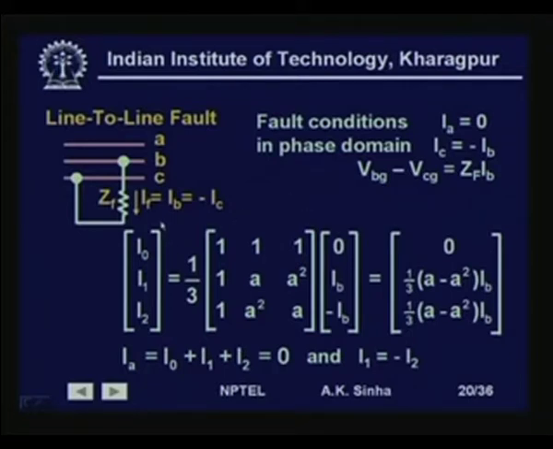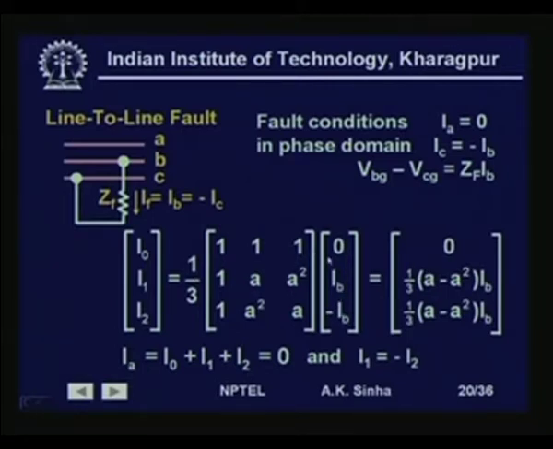Now we would like to transform these conditions into the sequence domain. So we have the sequence currents I0, I1, I2 equal to 1 by 3 into the matrix 1 1 1, 1 A A square, 1 A square A. This is the A inverse matrix, 1 by 3 into this, and here the condition is IA is 0, IB we have, and IC is equal to minus IB.